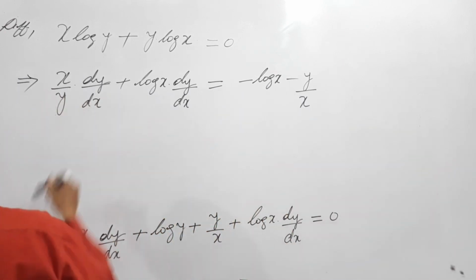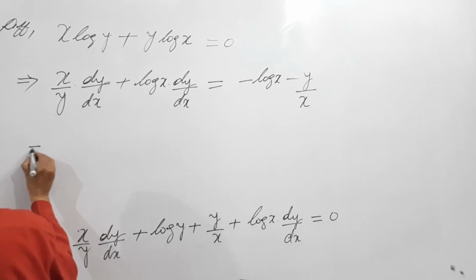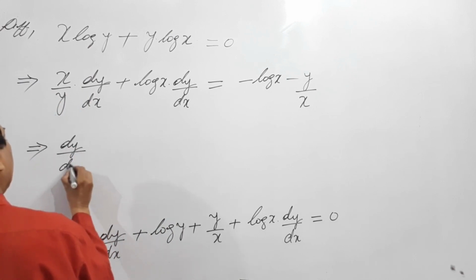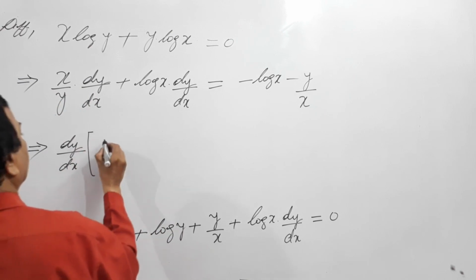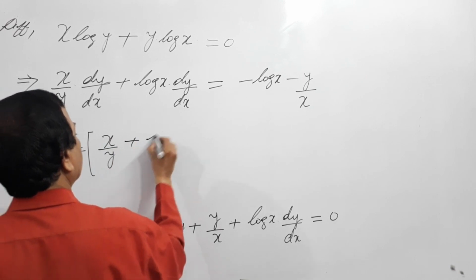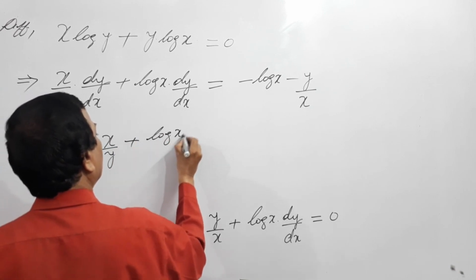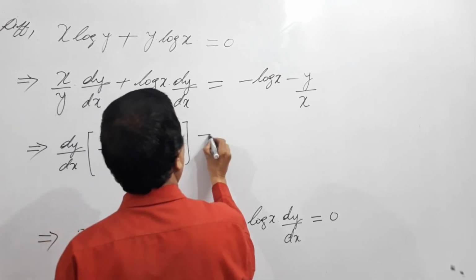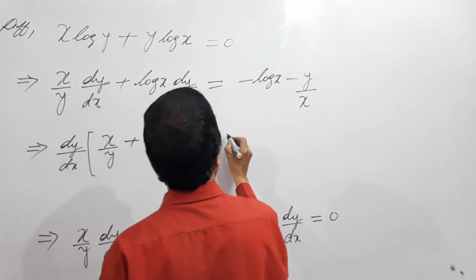So I will take dy by dx common. Dy by dx common, so you are left with x by y plus log x, into dy by dx, equals, I will take minus in common.